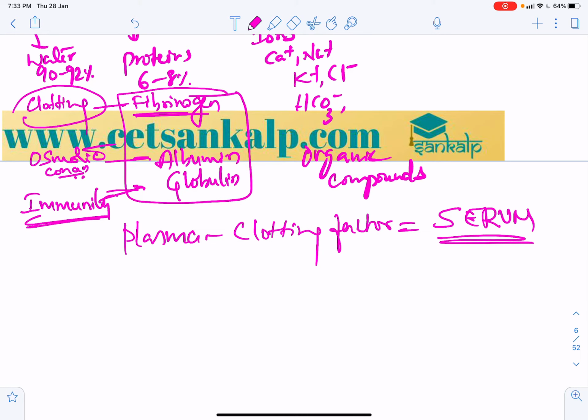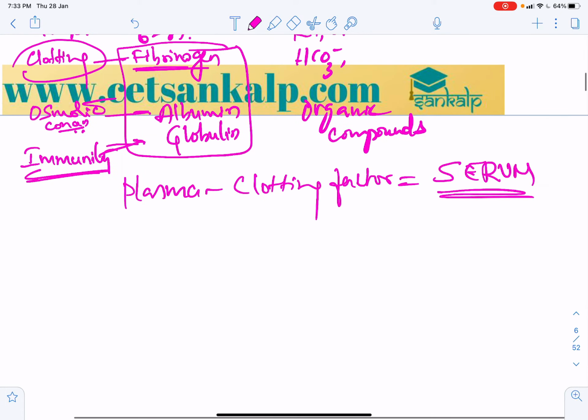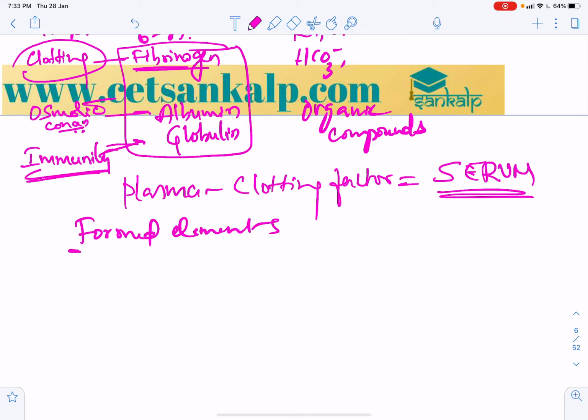Next, I'll come to formed elements. Formed elements are generally of two types, so I will write here. Mainly it includes the agranulocytes and granulocytes. So let me write like this.